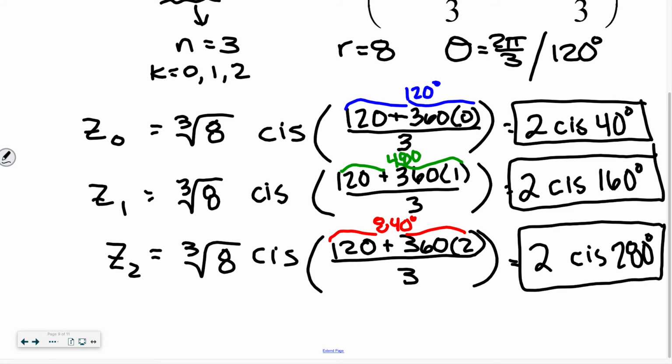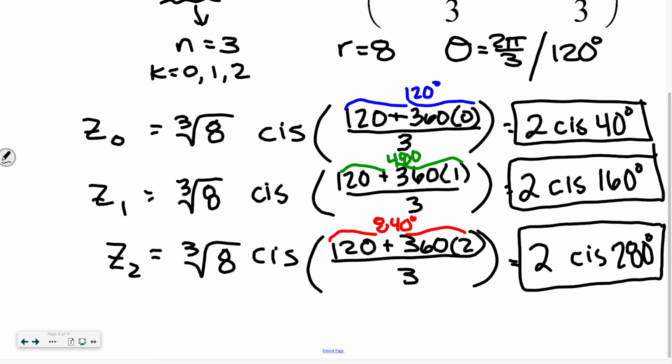Tom, are you noticing a pattern? Yeah, you just add theta every time, like 120. You figure out the first one and then just add the angle every time. I don't know that that will always be the case. But in this one, what's the difference between 40 and 160 and 160 and 280? It is 120.